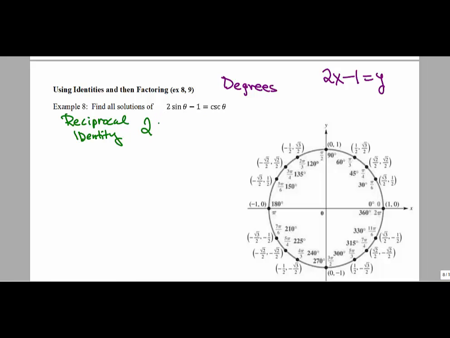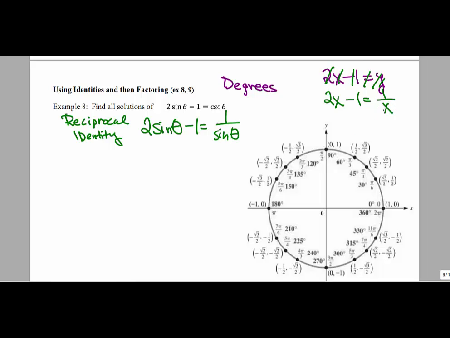So we can write this as sine theta times 2 sine theta minus 1 equals 1 over sine theta. And if we think back to the algebra now, that looks like this: 2x minus 1 equals 1 over x. So we have 1 over sine, and we said sine was like x. So now we have this.